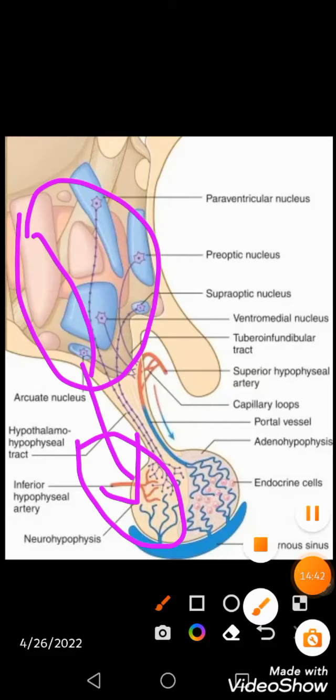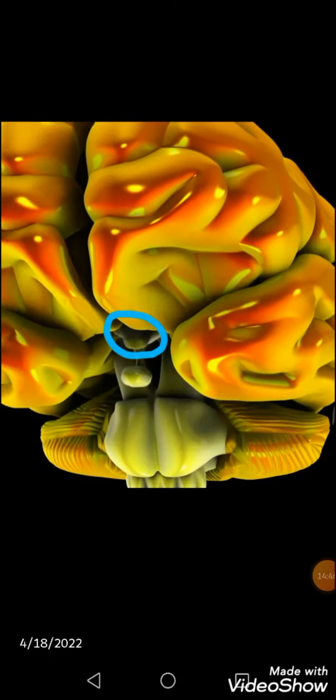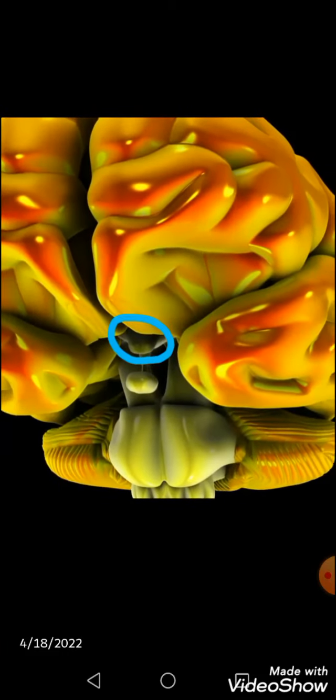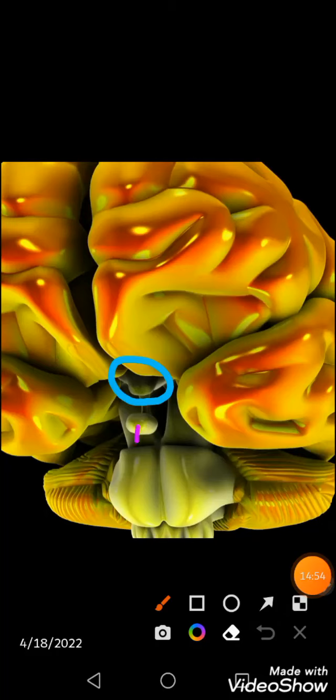And now let me show you a picture in which I have marked with blue color the region of the hypothalamus, present superiorly to your pituitary gland, and in this way it controls your endocrinal system, and it also deals with your limbic system through various pathways. It also influences your autonomic nervous system, right?